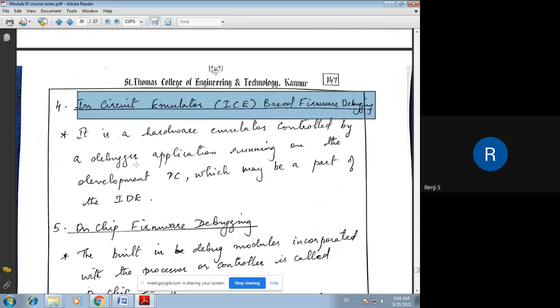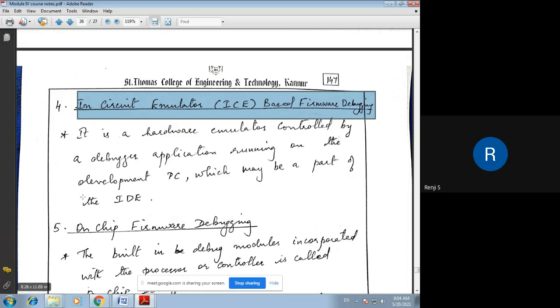So if we want to check the firmware, instead of using the actual target board, we plug in another device called the ICE, that is the in-circuit emulator, and then the firmware can be checked using this emulator.